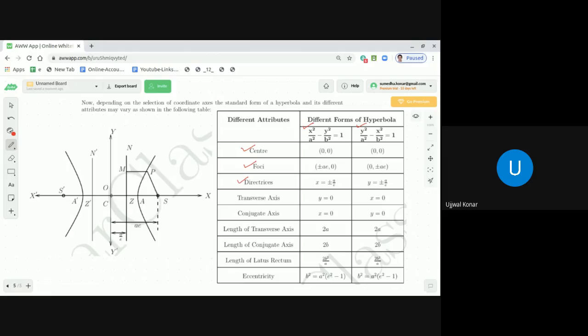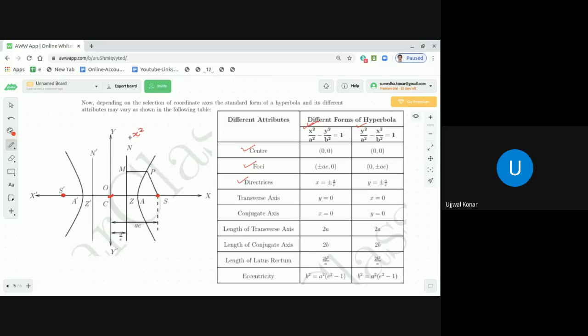So this is the center. Okay, these are the foci, S and S dash, having coordinates plus minus a comma 0. And by the way, here I choose the first form actually, x square by a square minus y square by b square equal to 1.